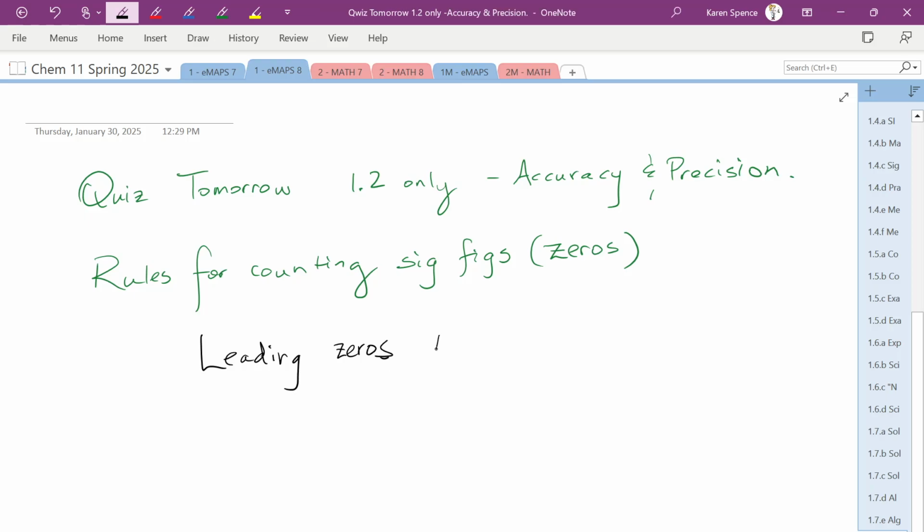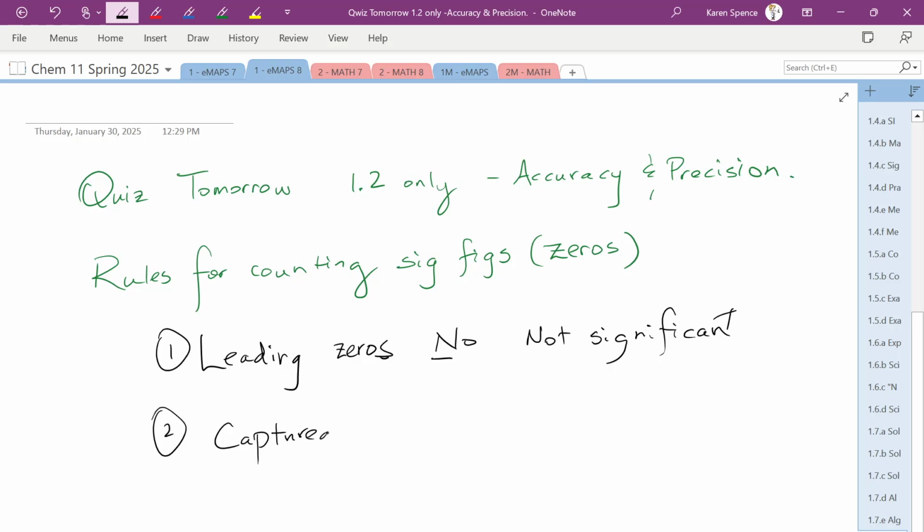No. Not significant. All right, number 2. Captured zeros.